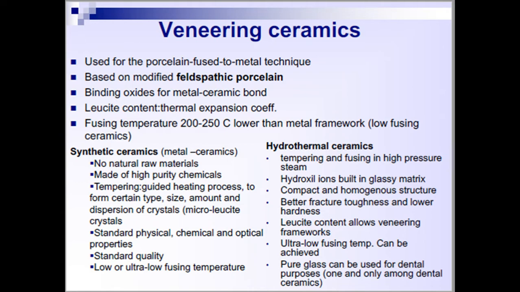Other ceramic materials, in a sense, we have a category where we talked about oxide ceramics, partially crystalline ceramics or completely crystalline ceramics. On top of these ceramic materials also we can layer these feldspathic porcelains. These are the materials which can be bonded to other underlying substructures, that can be metal or ceramic.